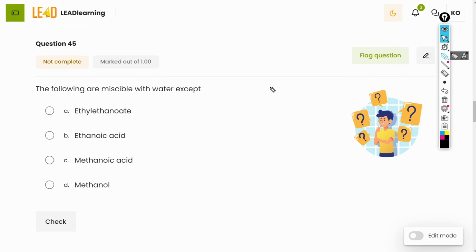Question 45. The following are miscible with water. Miscible means either they will dissolve in water or they are soluble in water, or they will mix with water to form one solution. Now, to answer this question, looking at all these compounds here, they are all organic compounds, and usually organic compounds are non-polar.